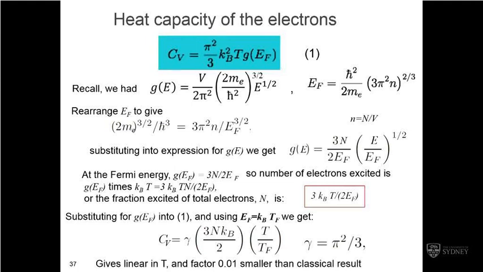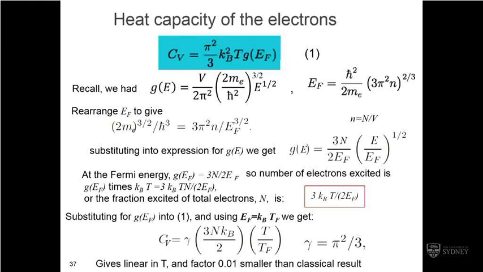So if I said, okay, you've got aluminium, your Fermi energy is, I don't know, 11 eV. Figure out the proportion of electrons that are excited at a temperature 500K. You could just use this. So it's quite nice. It looks a little bit fiddly, a bit messy, but it's quite straightforward.